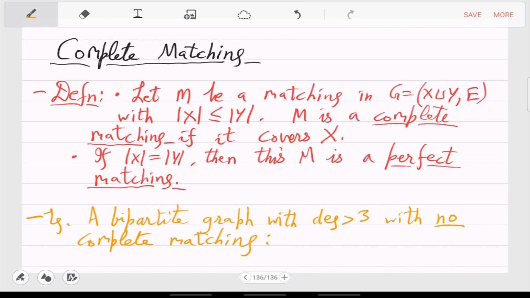So you have to find a bipartite graph where the degrees are sufficiently big. So every vertex in X goes to at least 4 vertices of Y. But still there is no way to cover by a matching all the vertices in X.